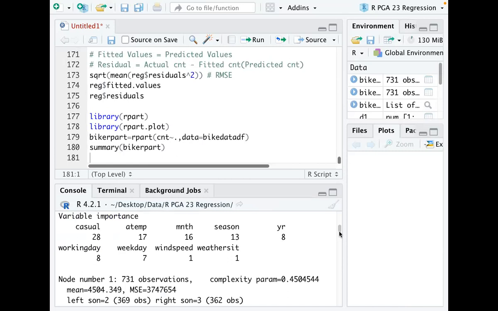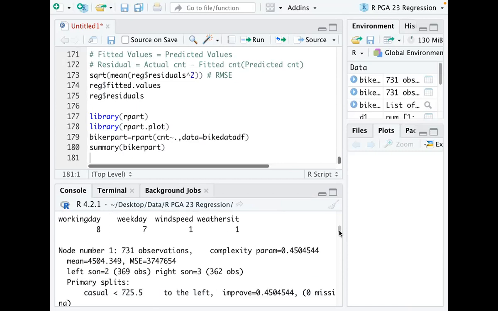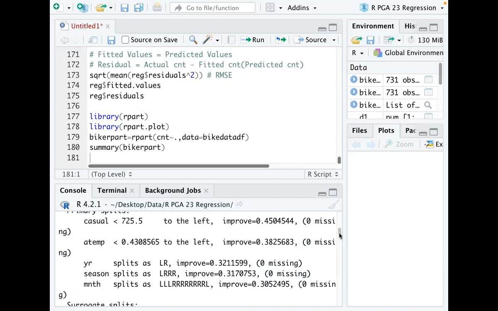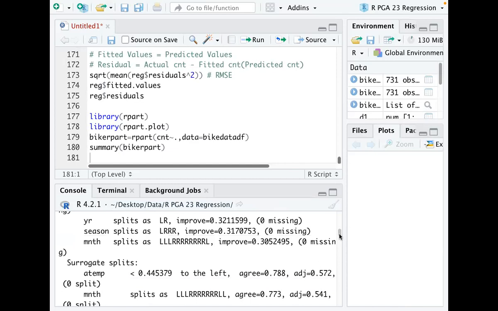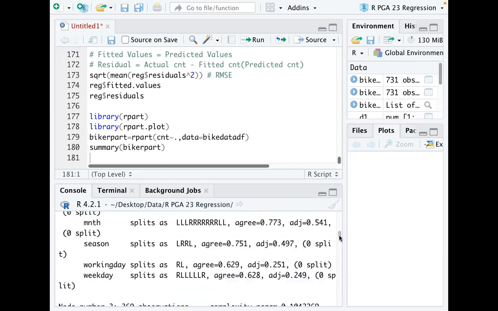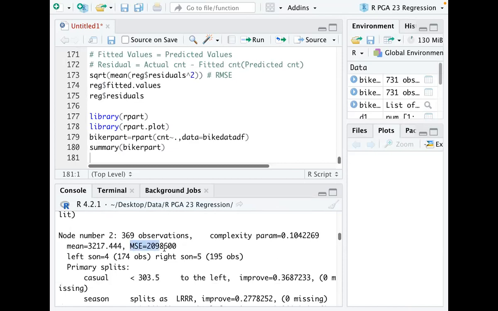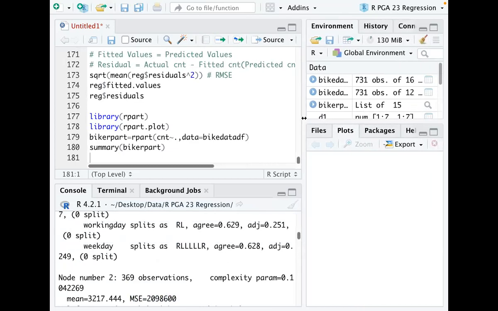And you can see here, it is giving mean square error, not the probabilities. In case of classification, we get probabilities. So for regression problems, mean square error. For classification problems, probabilities.